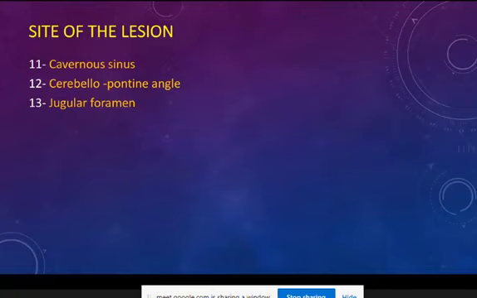Not by magic or ultraviolet light or whatever, just by putting the signs and symptoms together, and the MRI scan will confirm it. So the jugular foramen is a foramen where the lower nerves will be involved: 9th, 10th, 11th, and 12th. Although 12 is not part of the jugular foramen, it is very close to the exit of the nerve, so that might be involved.